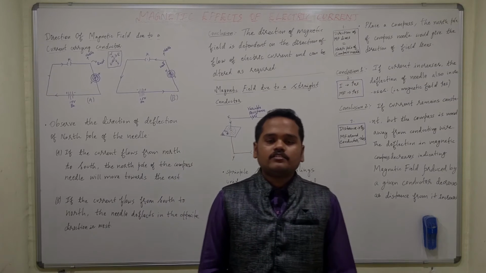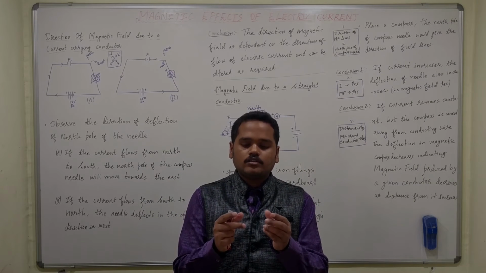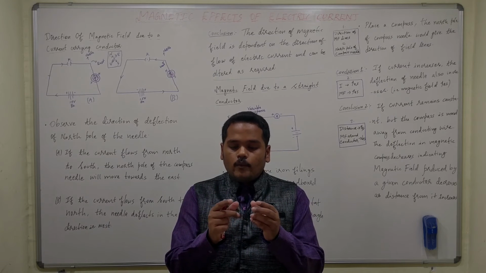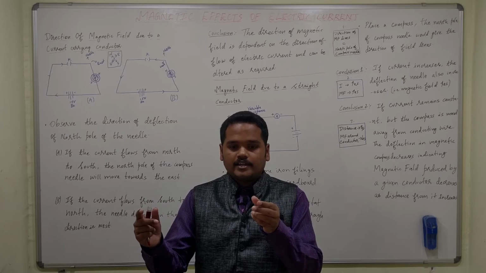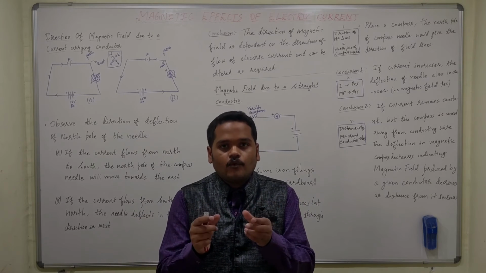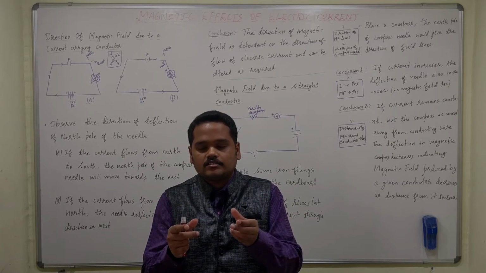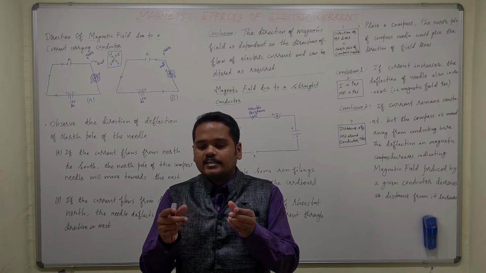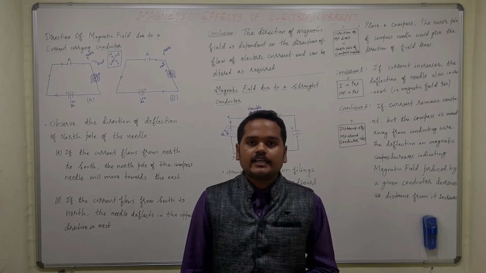You might have noticed this while you have taken two magnets and you are playing with it. When you move away one magnet from the other magnet, the force which you have experienced decreases. The force is nothing but the magnetic field and magnetic field lines. So the magnetic field decreases as the distance increases.